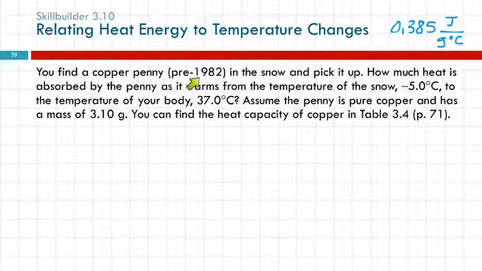Okay, this pre-1982 business, that's not going to come into our calculation. In 1982, they changed the composition of pennies. They used to be solid copper, and now they are not. So we've got minus 5 degrees. So we'll write that down. And we've got 37 degrees.